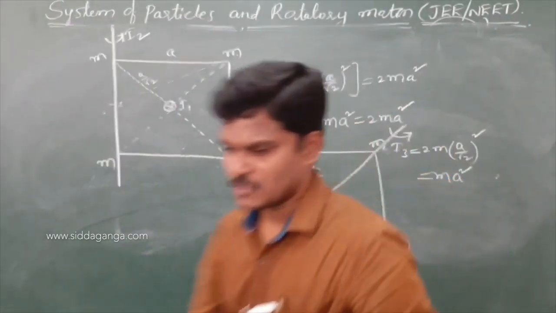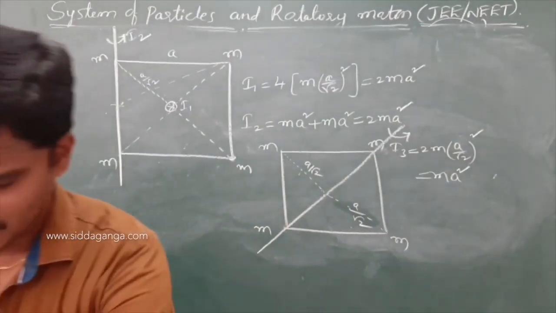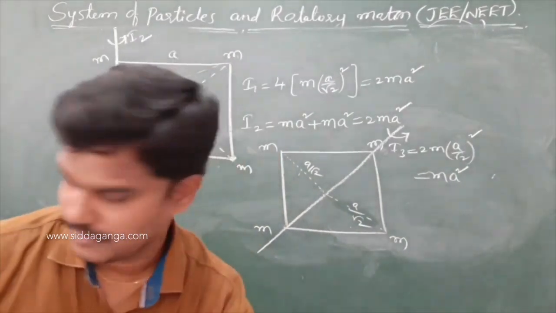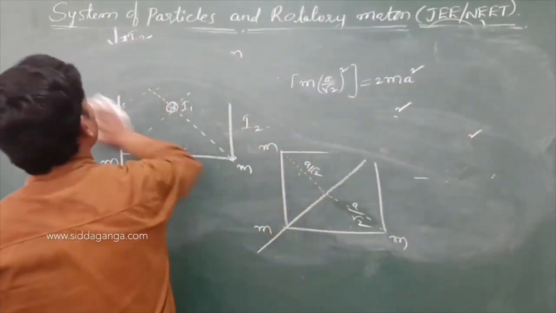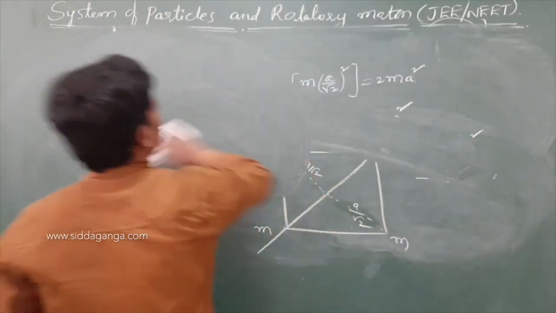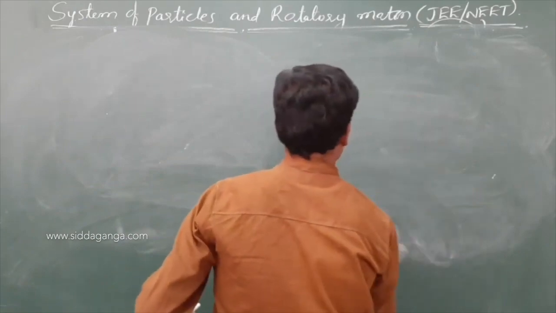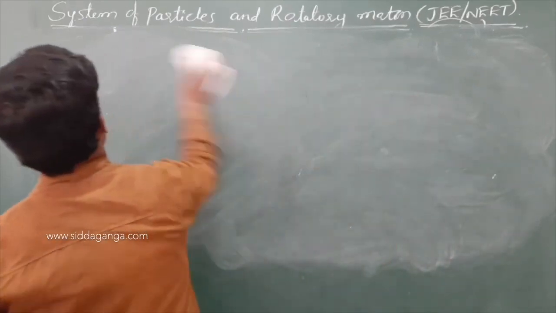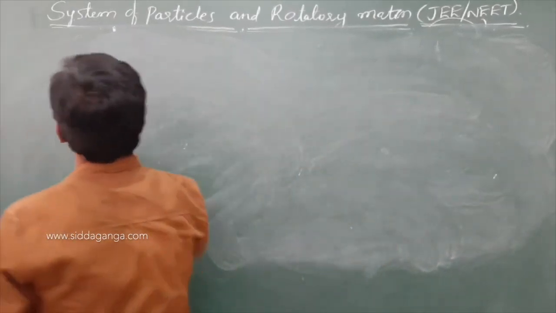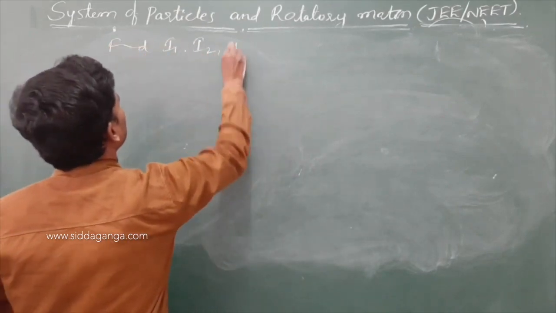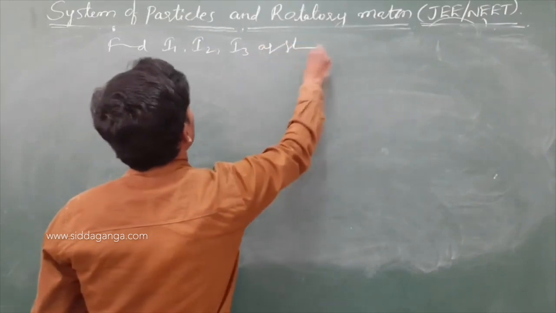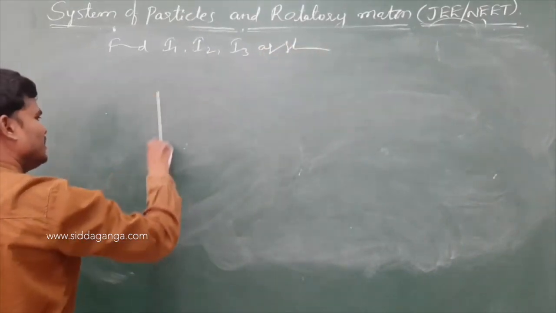See, next one, good question. They given a cube. The question is, find I1, I2, I3 as shown. And here the question is like this.